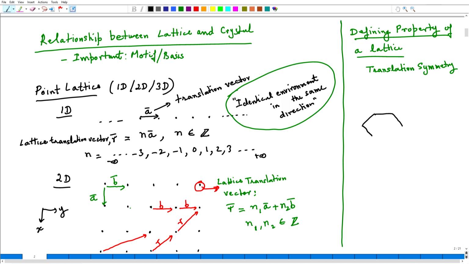In order to draw the lattice points, I am first drawing regular hexagons. It is like a honeycomb structure.